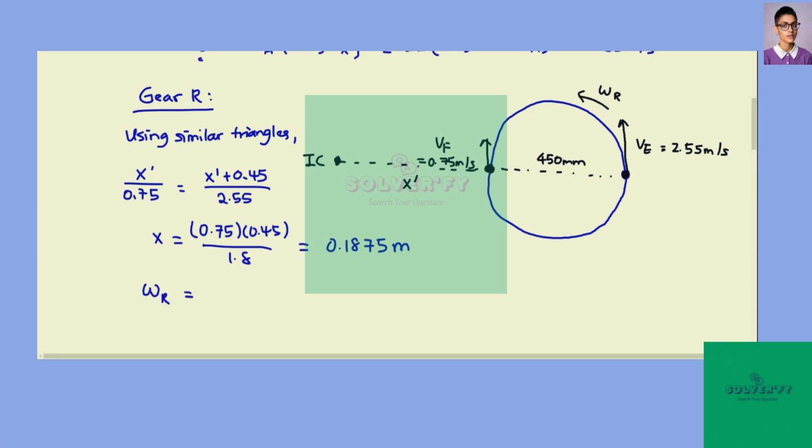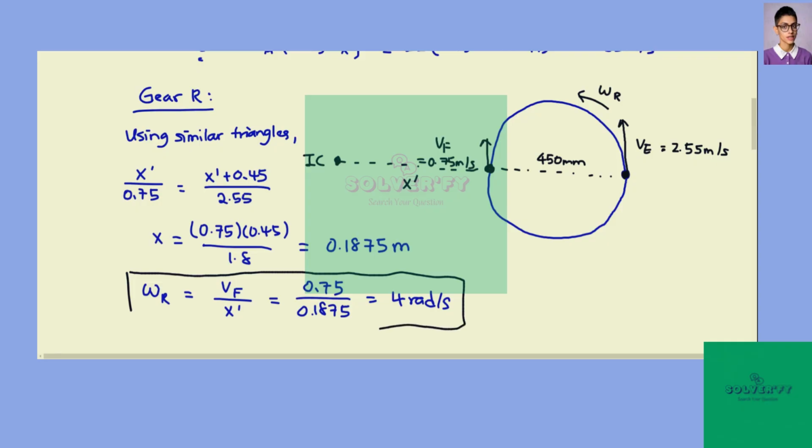Omega R is then EF divided by x prime. So this is equal to 0.75 divided by 0.1875. This is 4 radians per second. So this is the answer for this question.